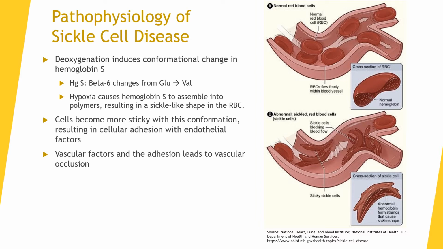In this conformation, different interactions between amino acids cause hemoglobin S to assemble into polymers in instances of hypoxia. This results in an overall sickle-like shape in the red blood cells.